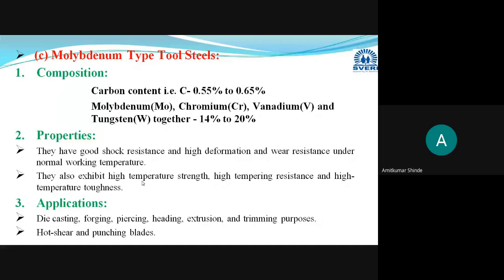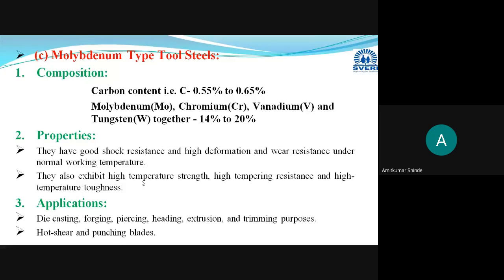They will be used for making the different dies which we use in die casting, then extrusion, then for forging operations dies are required, or some tools which we use in piercing or trimming operations, some punching blades and hot shears will be manufactured with the help of this molybdenum type tool steel only.